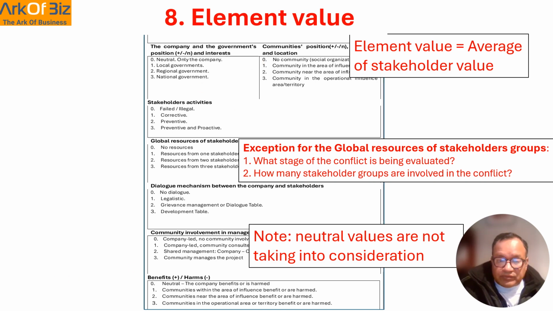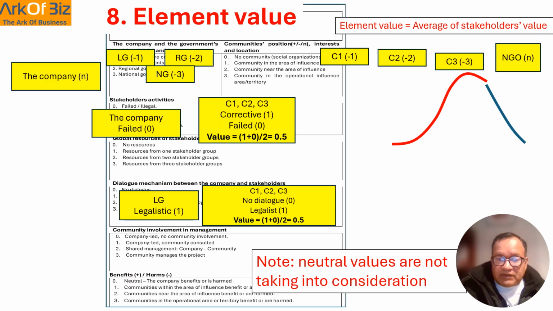Let's see an example. Imagine that we have this social conflict with this stakeholder mapping. For the company and the government's position and interest element, we have the company with a neutral value, always. Local government is assigned -1, regional government -2, national government -3.